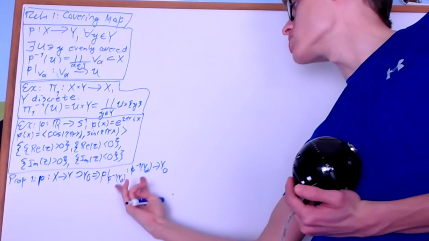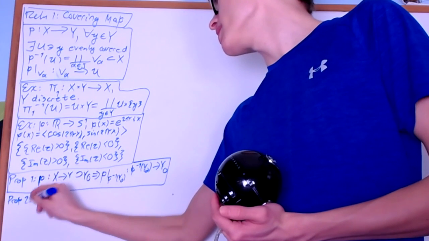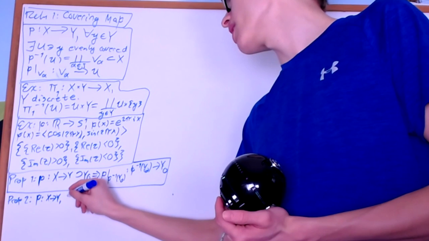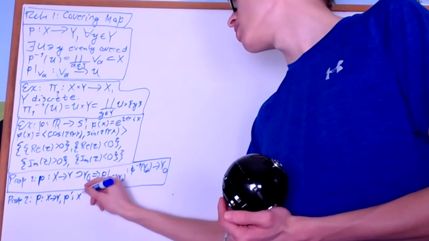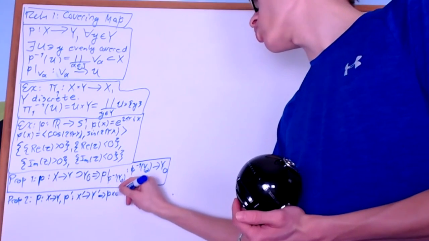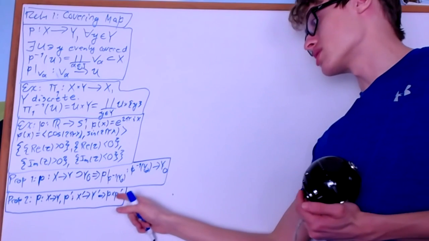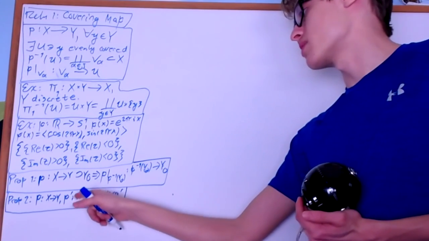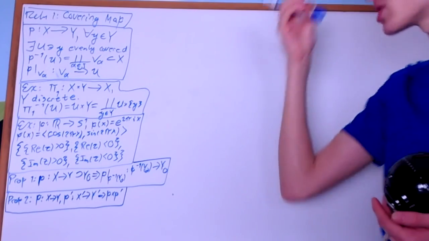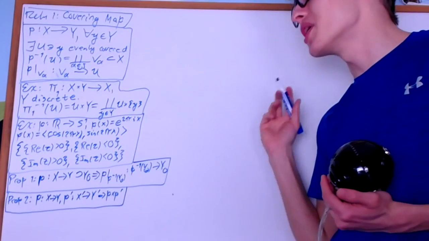The second property is that if I have P from X to Y, and P prime from X prime to Y prime, then P cross P prime is a covering map from X cross X prime to Y cross Y prime. All right, those are just some properties of continuous functions, but we've just extended them to covering maps.